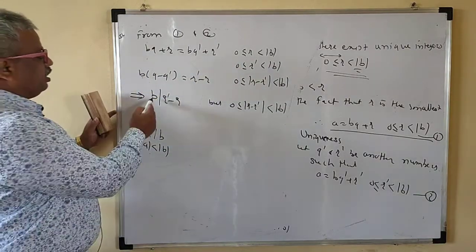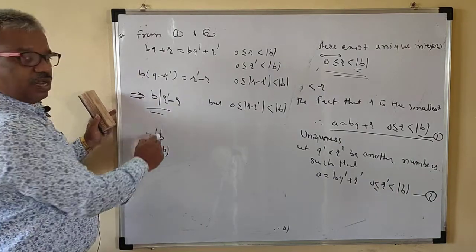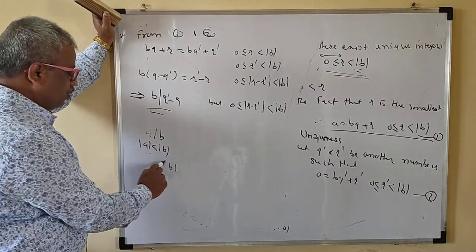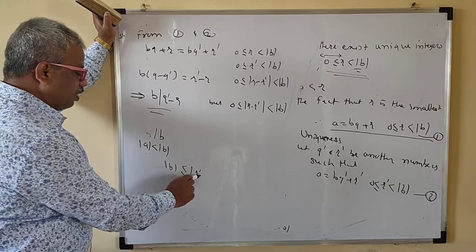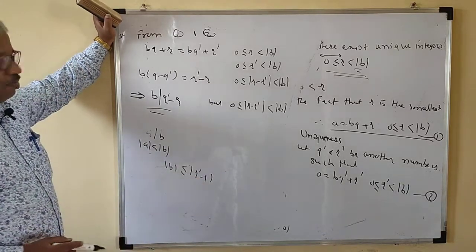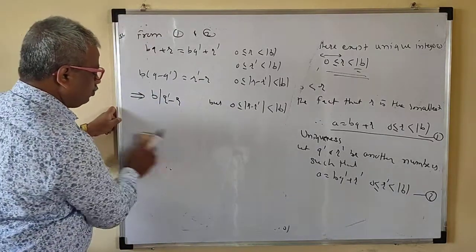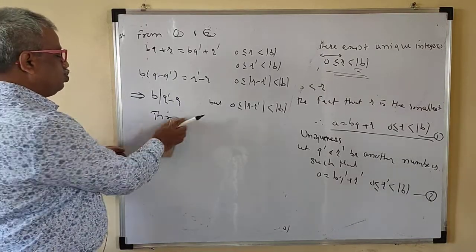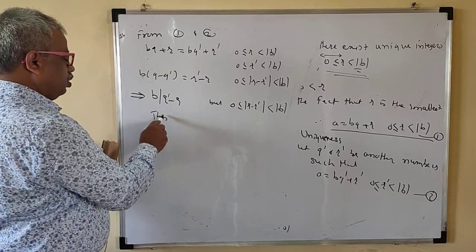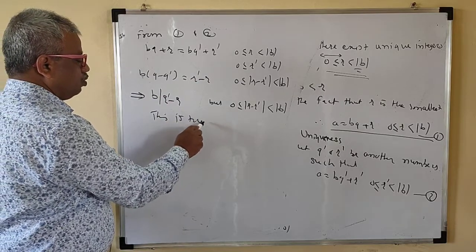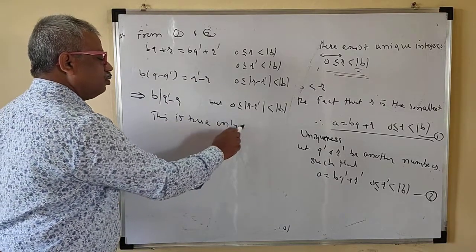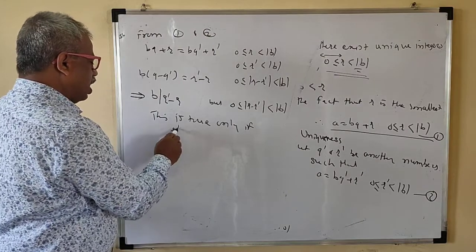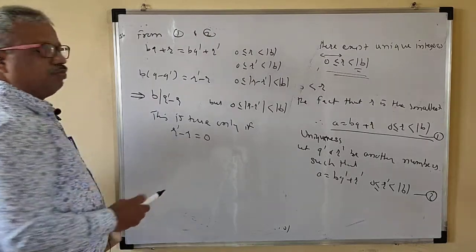So now see here. From this one, yesterday we saw that mod B is less than or equal to mod of R minus R dash. This should happen, but this is not true. This is true only if R dash minus R is 0, right?